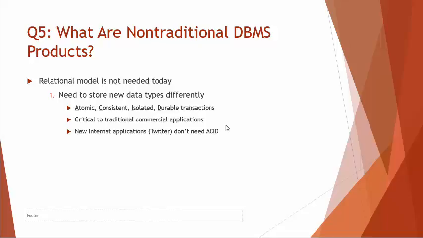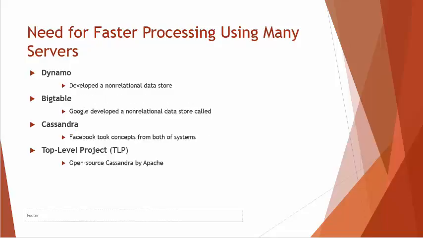Now, along those same lines, you have applications like Twitter and Facebook that may not require those types of requirements for a database. So you don't see the ACID requirement. And so some specific names that you may be seeing when you get out there are databases like Dynamo, Bigtable, Cassandra, and these were all developed because we need faster performance from these databases and database servers.